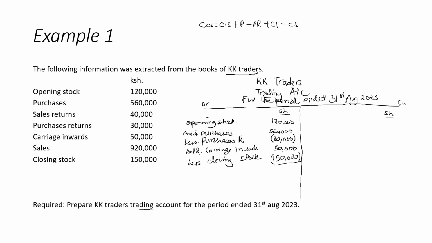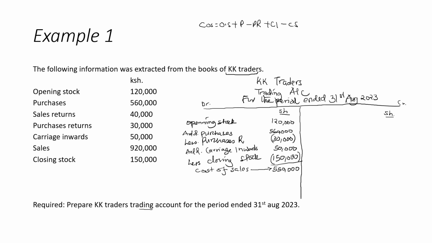You can see all this is what we have recorded on the debit side. And if you work out all this, you will have 550,000, and that will be the cost of sales.